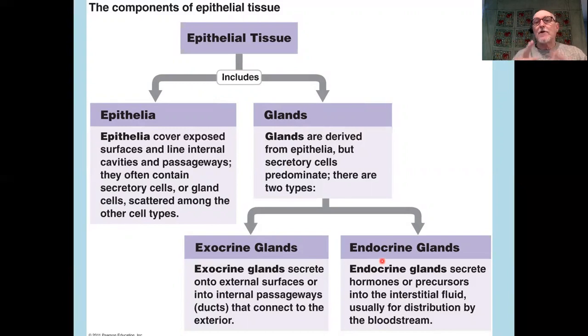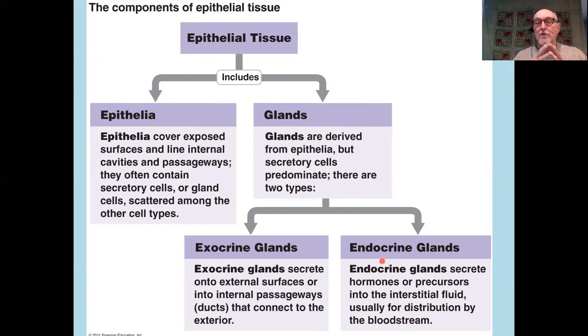Endocrine glands have no lumen or duct. They are highly specialized groups of cells which usually produce hormones. And the hormones are actually secreted not into a duct, not into a system of tubes or whatever, but into the blood system.